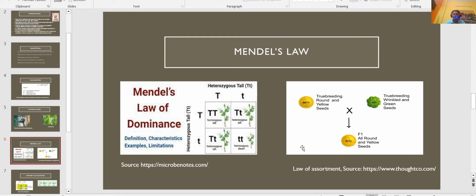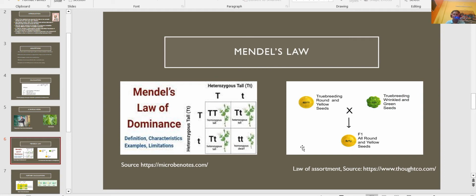Mendel's law of dominance means one gene expression suppresses the expression of others. In the figure on the left side, you can see capital T is the dominant gene, which denotes tallness, and small t denotes the dwarfness of the plant.